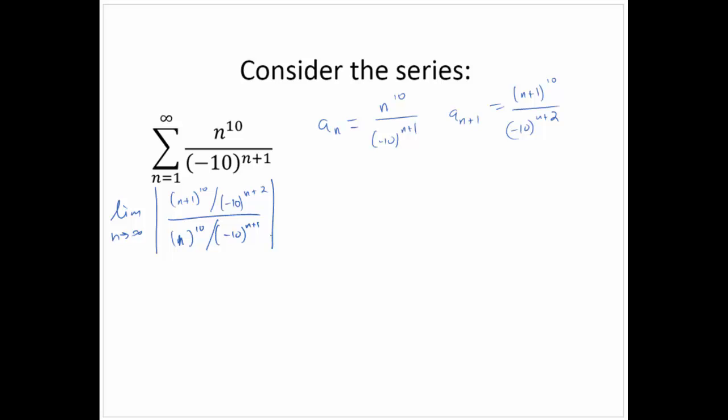Now, under absolute, those negative 10s just become 10s. All right, so I can write this as limit n approaching infinity. Going through the arithmetic here, I'd have an n plus 1 to the 10th. I would have a positive 10 to the n plus 1 power. In the denominator, I'd have an n to the 10th, and I'd have a 10 to the n plus 2 power.